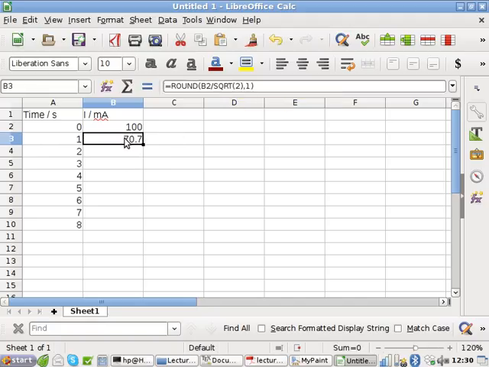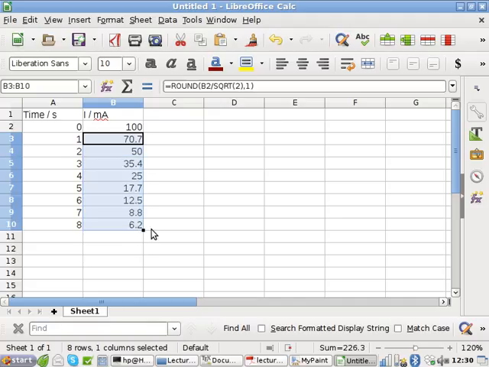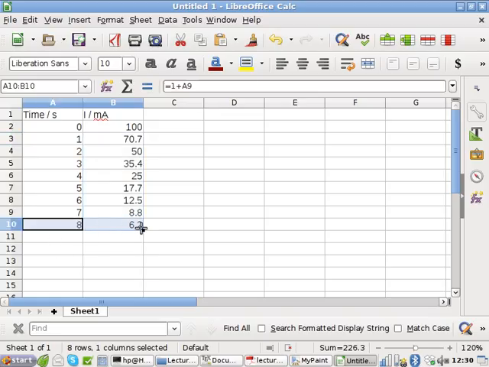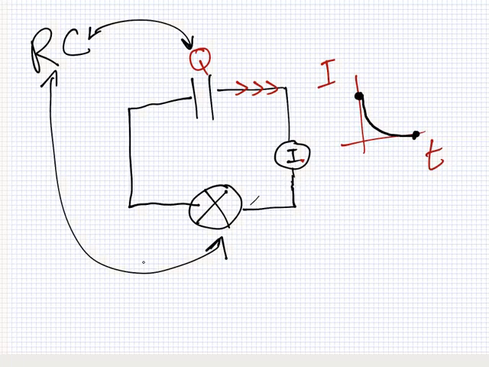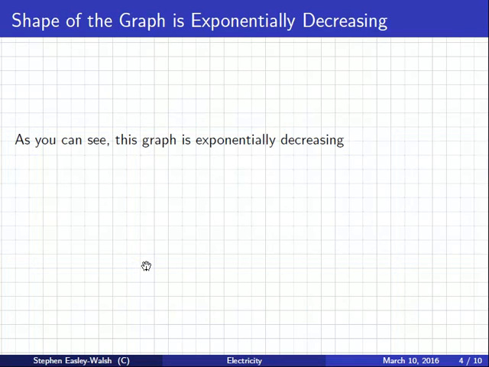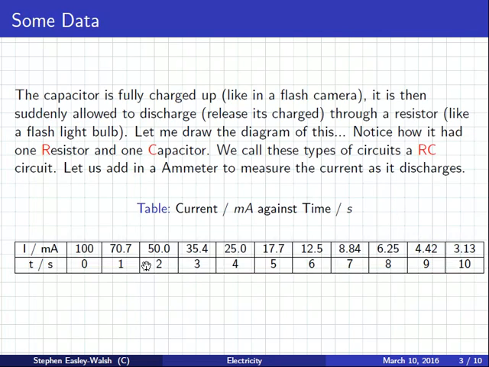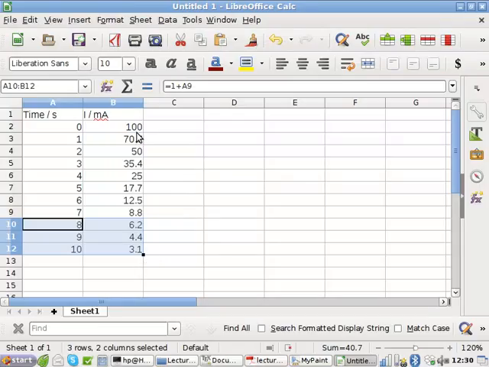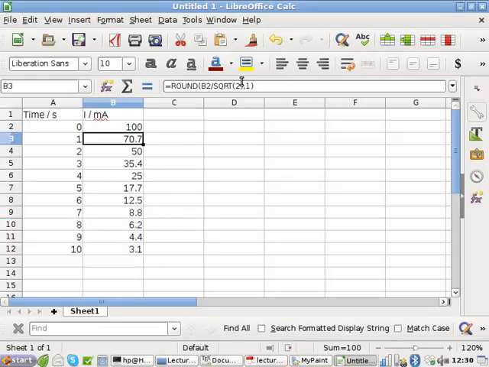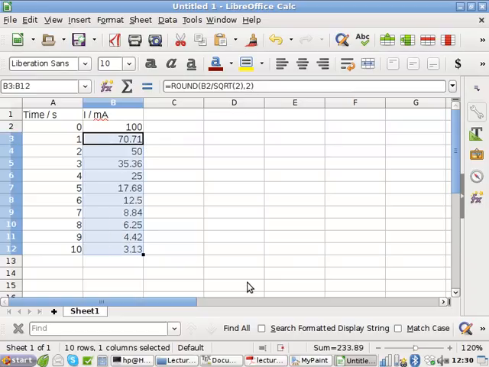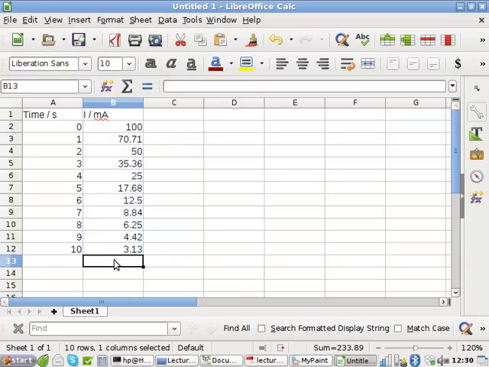And the next one is 50? Okay. And so on, like so. To 10. Roughly, is it? Close enough. Okay, I need 2 decimal places then. Yeah, close enough.